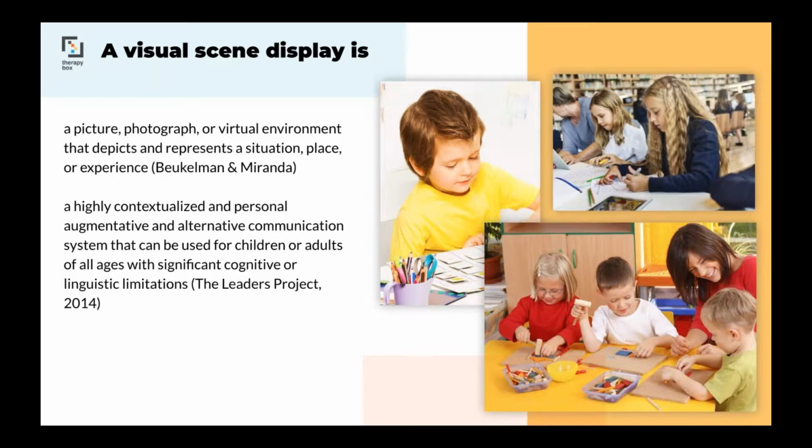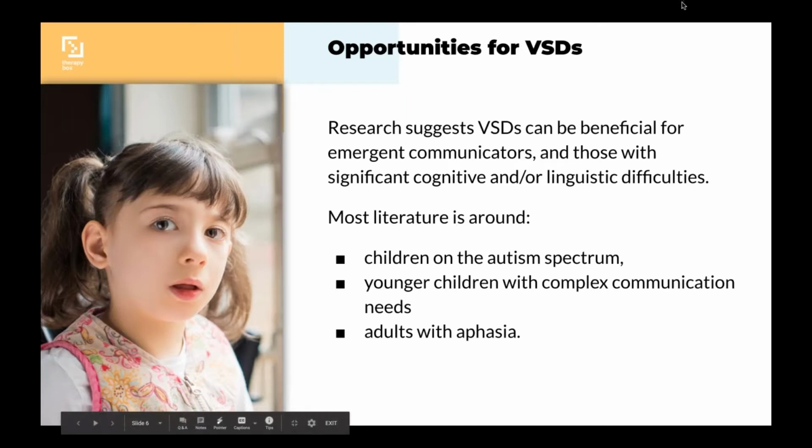And then a 2014 definition from the Leader Project: a highly contextualized and personal AAC system that can be used for children or adults of all ages with significant cognitive or linguistic limitations. So a slightly different description of visual scene display.